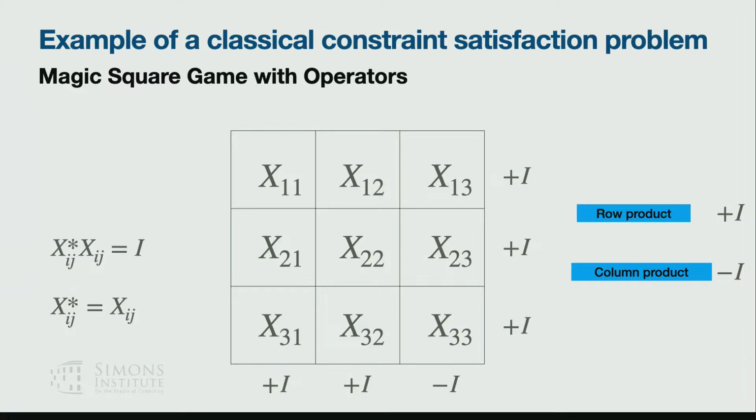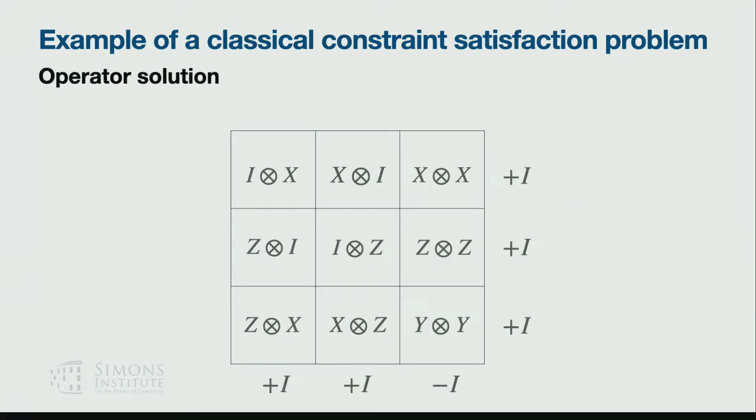In fact, there is a concrete assignment to these variables, some matrices that are 4 by 4 dimensional. The specifics of them don't matter. Here I constructed them from the famous Pauli operators from quantum mechanics, and that would satisfy the constraints perfectly.